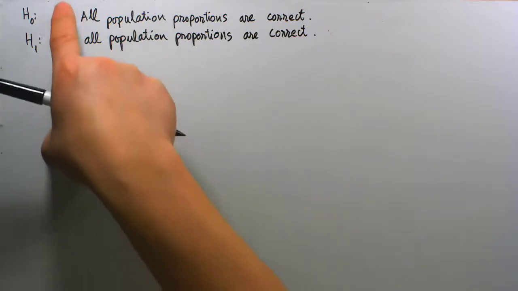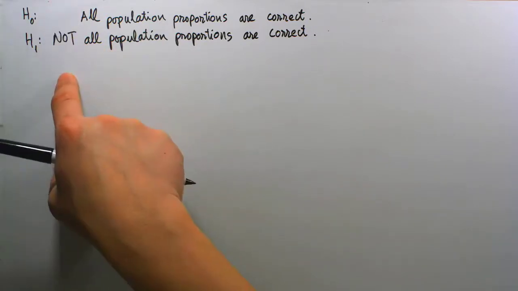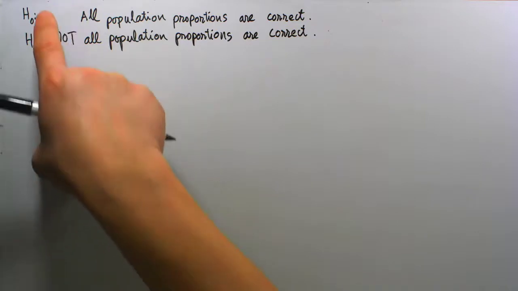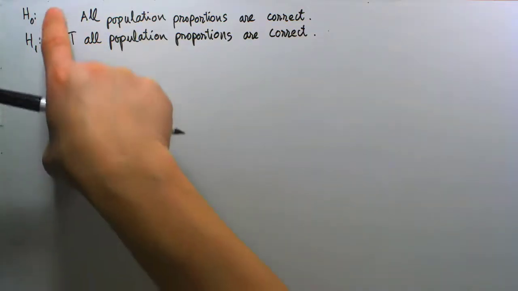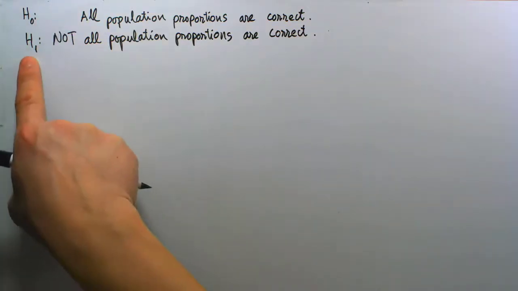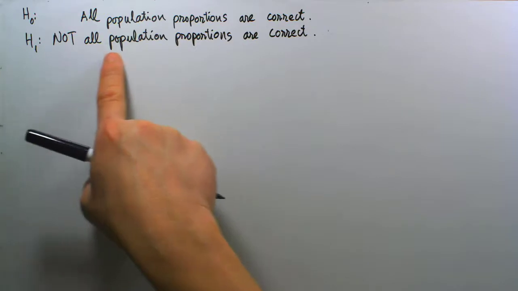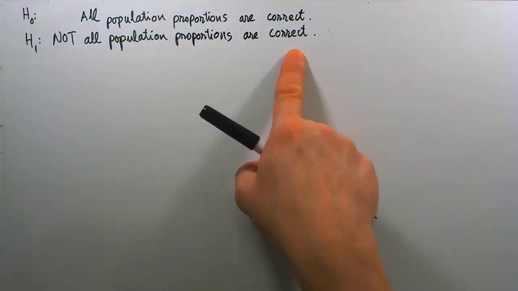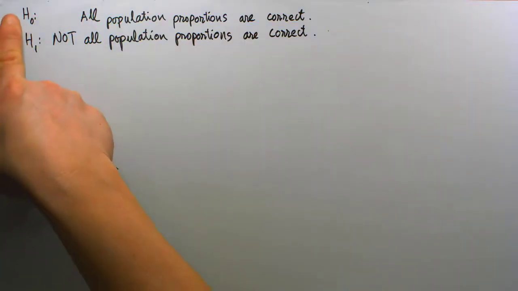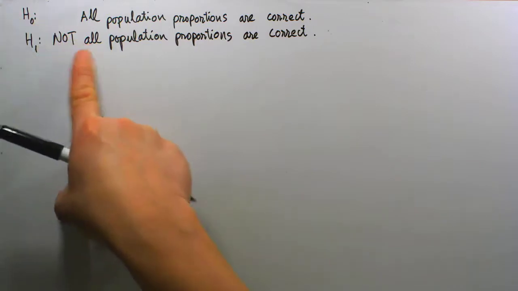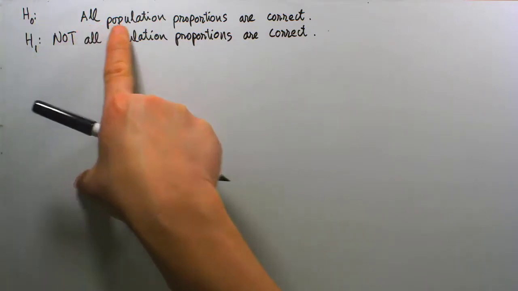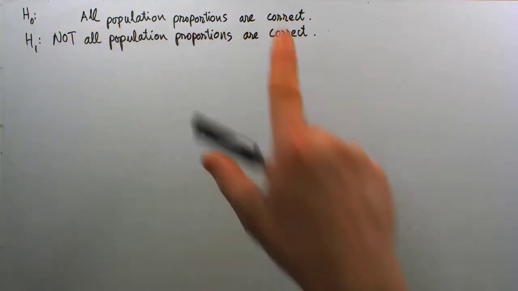They are always arguing against each other. Another way of saying, H1 and H sub 0 are always saying the opposites. So if H1 can be recognized as easy as copying and pasting the statement from the question, not all population proportions are correct, then we can simply construct H sub 0 as saying the opposite, that all population proportions are correct.